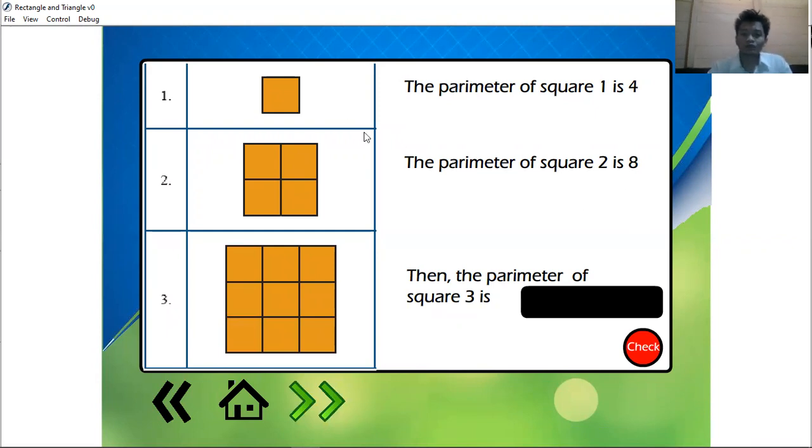The perimeter of square 2 is 8. Then the perimeter of square 3 changes. Here 4 and 8. Then what is this? The perimeter of square 3, the student answers 12. Then check.